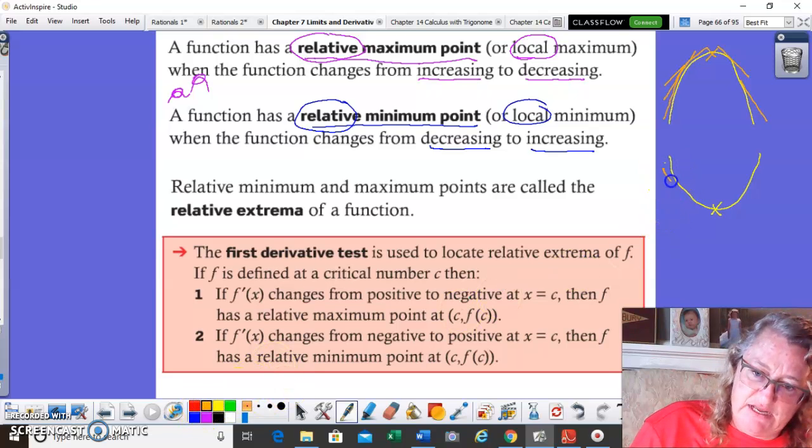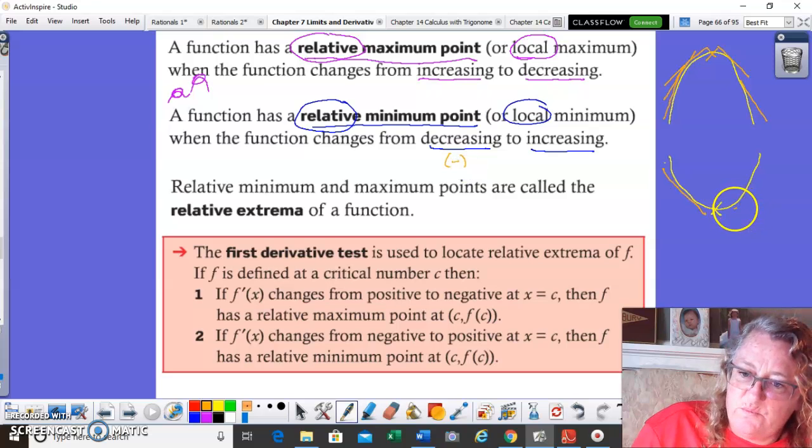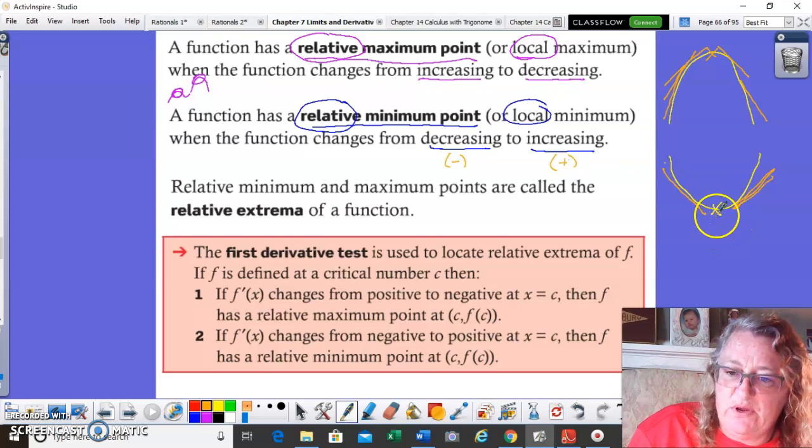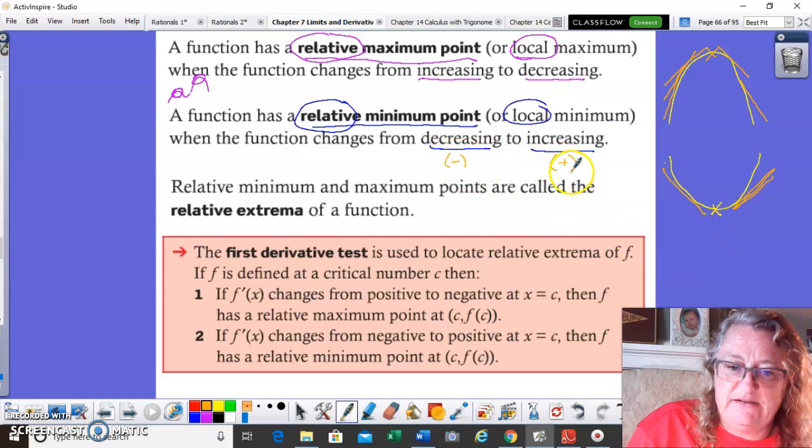So here's a tangent line for a first derivative. That has a negatively sloped line. That is a negatively sloped line. And once we change to a positively sloped line, it's because we went through a minimum point. What's the slope of this minimum point? Oh, well, the slope of that minimum point is 0. So we went from a negative to a positive.